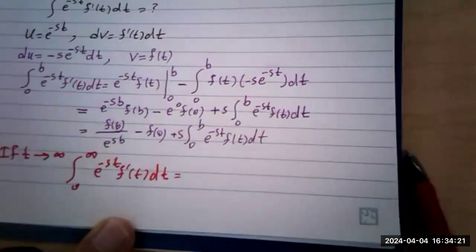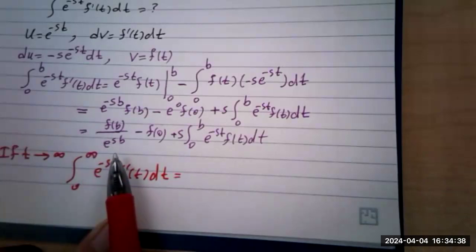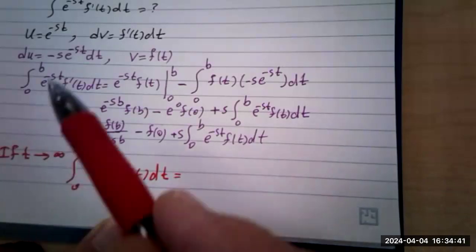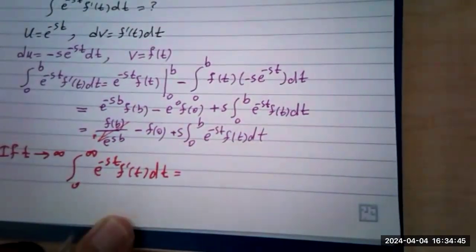And f of b on the top is just f of b. f is a continuous function, so we can consider this to be bounded, so the absolute value is less than something. So you have a bounded number on the top, and a number that goes to infinity on the bottom, so this goes to 0. Okay, so that gives you 0.